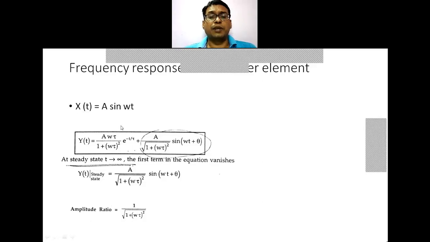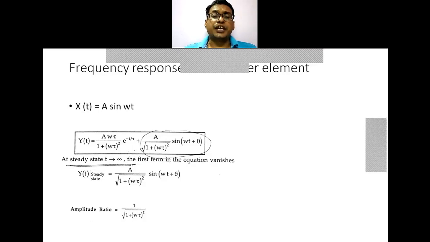Then we have simplified that and obtained y(t) as a response, which you will get as A omega tau upon 1 plus omega tau square e raised to minus t upon tau plus A upon root of 1 plus omega tau square sine of omega t plus theta. This is your generalized response for the sinusoidal change with a first order system.